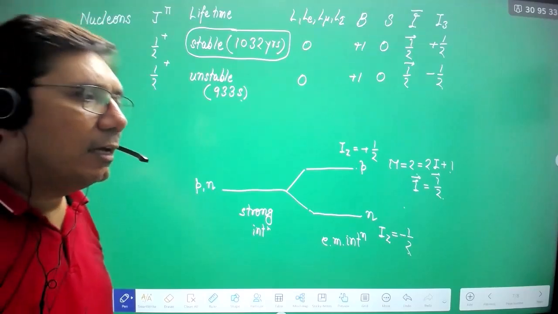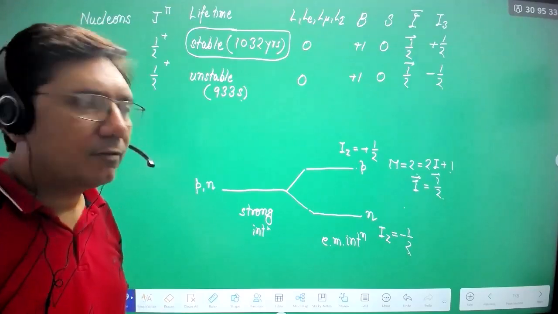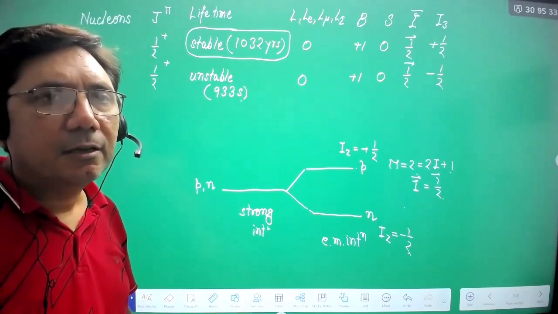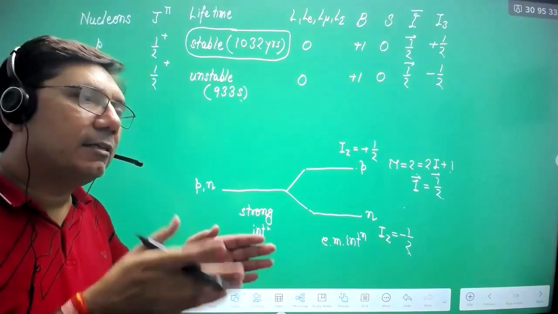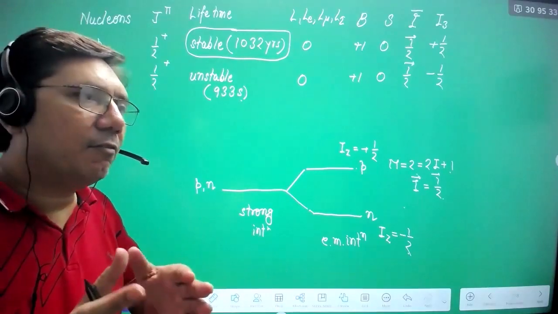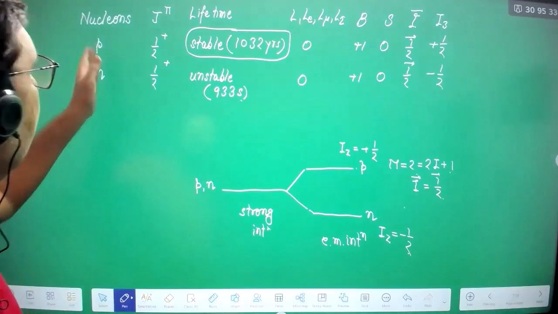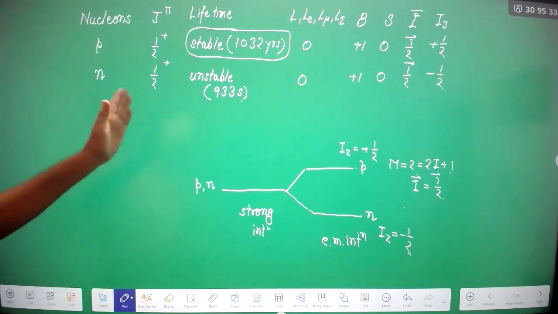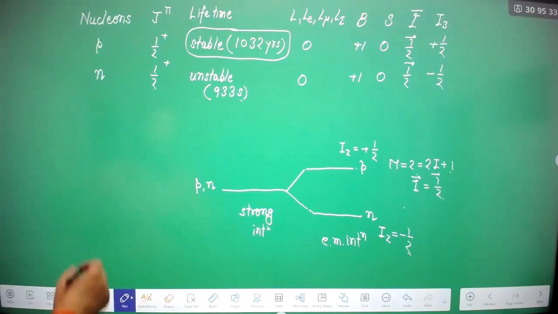So they are going to decay after some time. That decay will be continuous and they will finally convert into these nucleons. Only two types of nucleons are there.